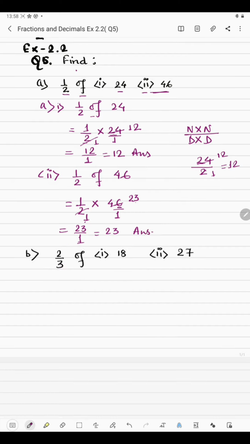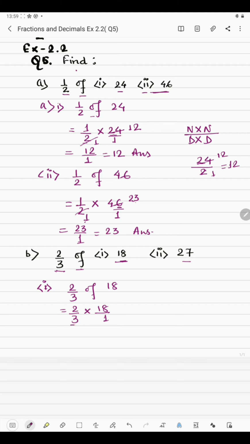Okay. Now in the second part we have 2 by 3 of 18 and 2 by 3 of 27. So in part B, the first one will be 2 by 3 of 18. Now 2 by 3 is multiplied by 18 and in the denominator we have nothing, so we will consider it as 1.